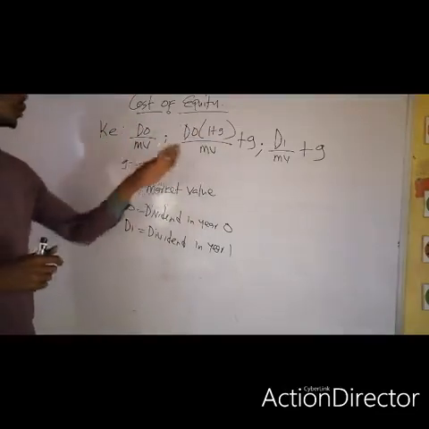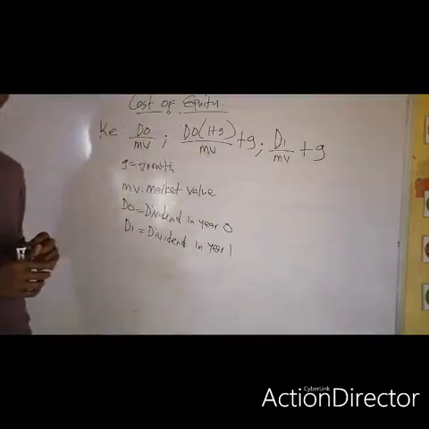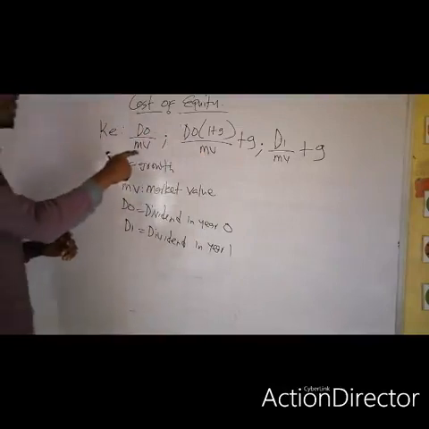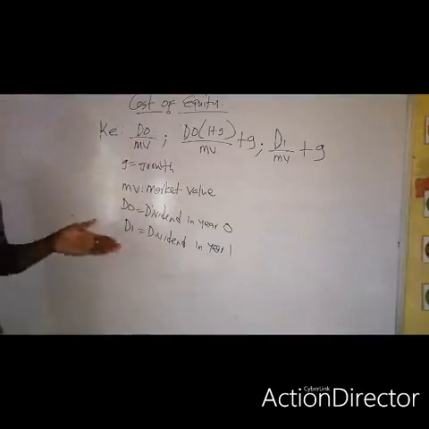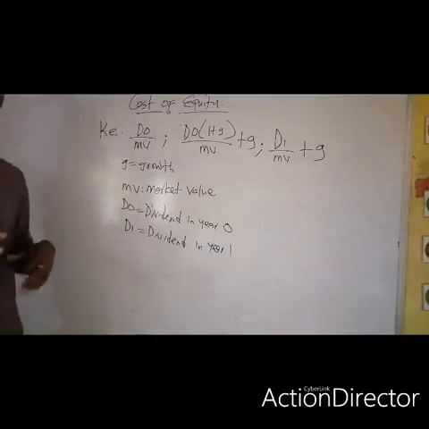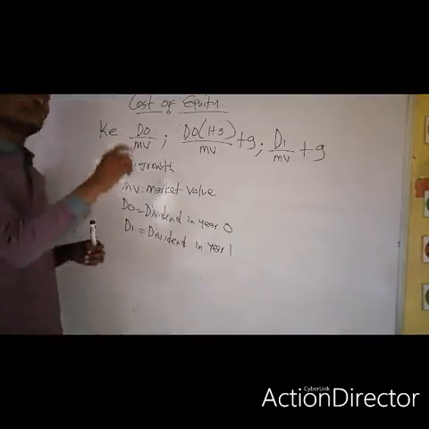So this market value is the market value of the equity. The market value we are talking about here is the market value of equity, because here you are talking about a public company listed on the stock exchange market. A company listed on the stock exchange market will definitely have a market value.